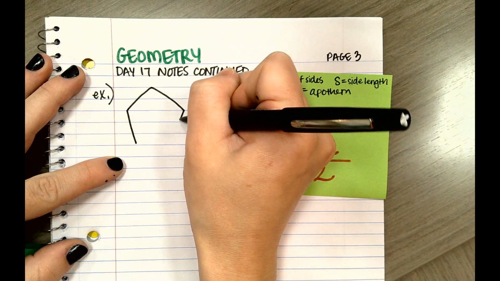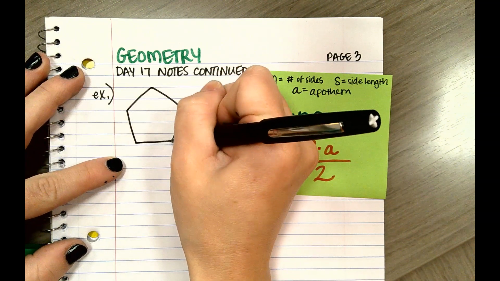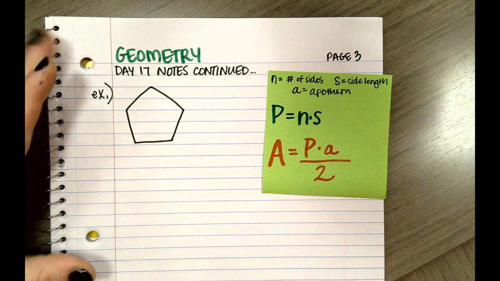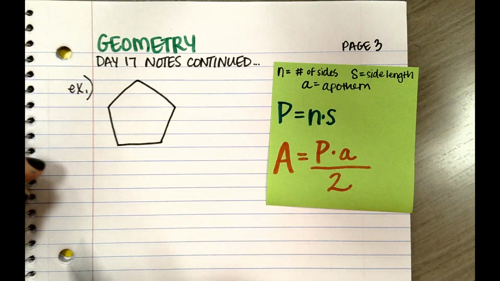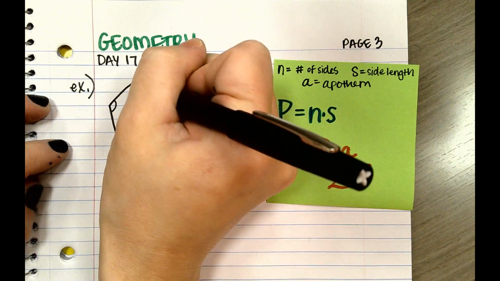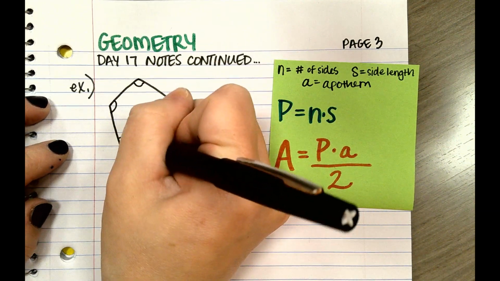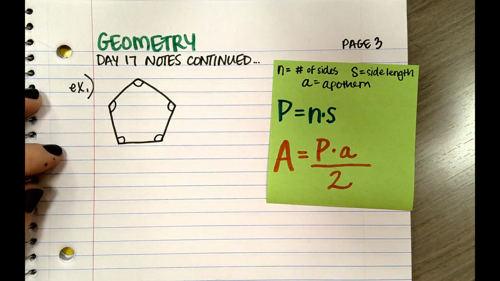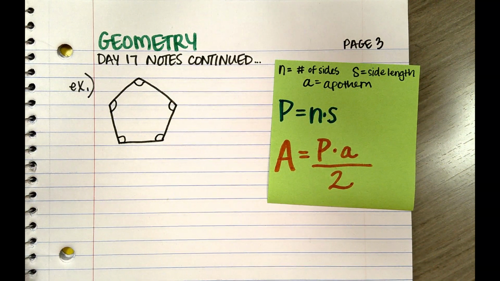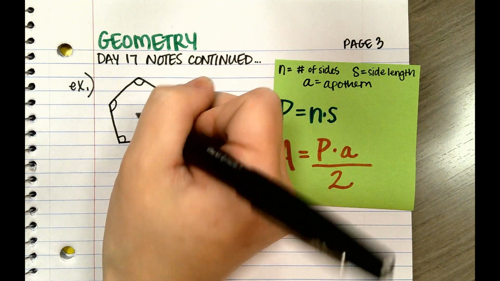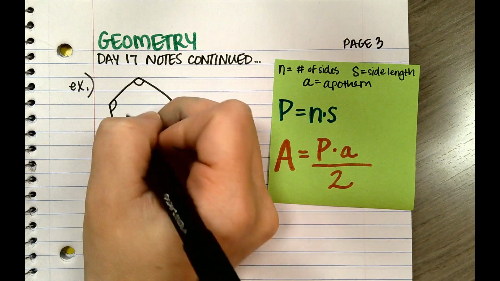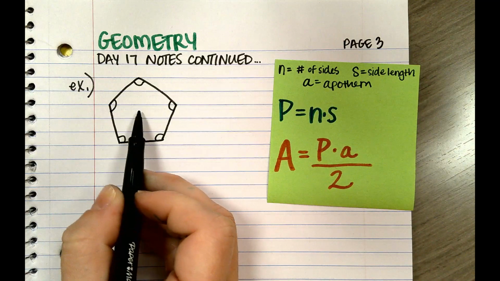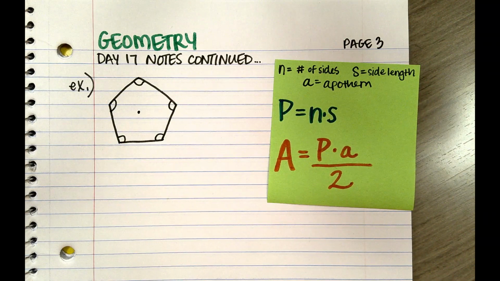And in this example here, we're going to talk about what apothem is. So make sure you draw this example. All my angles are equal. All my sides are equal. And what we'll do after we draw this shape is we will put a dot as close to right in the middle as you can.